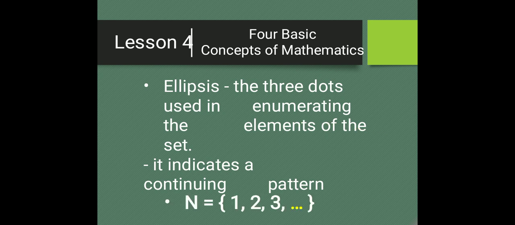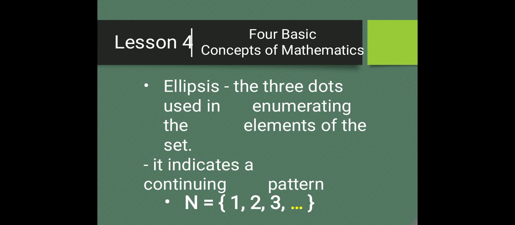So, in mathematics, we also use this one, the ellipsis. Paano yan, sir? Okay, so for example, set of natural numbers. Okay, when we list the set of natural numbers, dahil infinity yan, hindi natin kayang ilagay lahat ng elements.